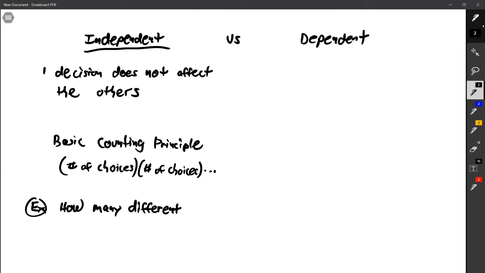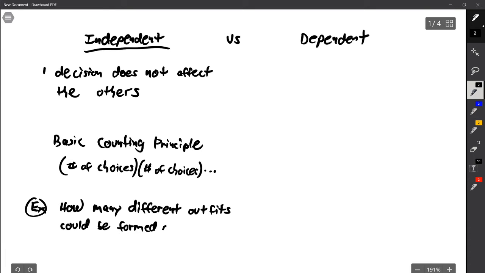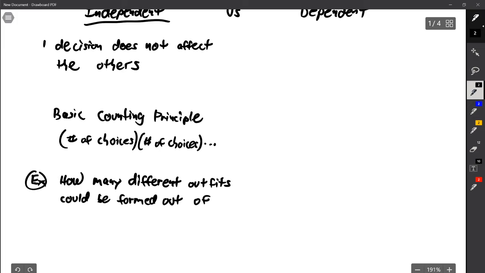How many different outfits could be formed out of 3 shirts, 4 pants, and 2 pair of shoes?